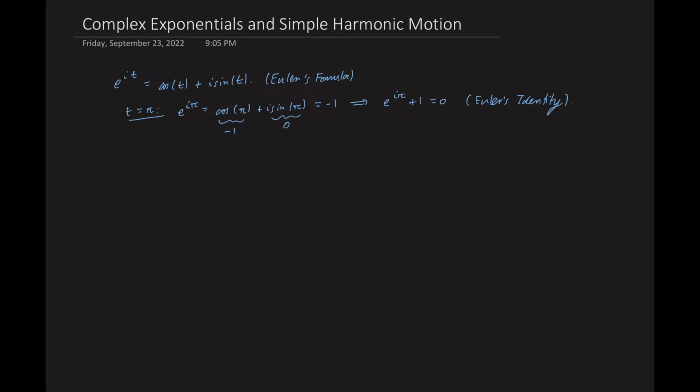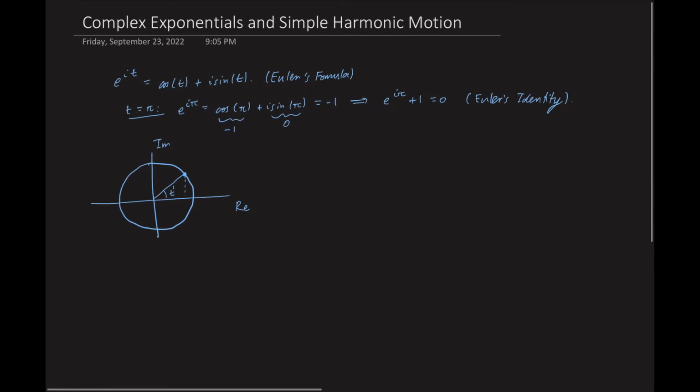If we were to think about a circle of radius 1 in the complex plane, where this is the real axis and this is the imaginary axis, then the point corresponding to this on the circle can be found at t radians, where this point on the real axis is precisely cosine t, and this point on the imaginary axis is precisely i times sine t.